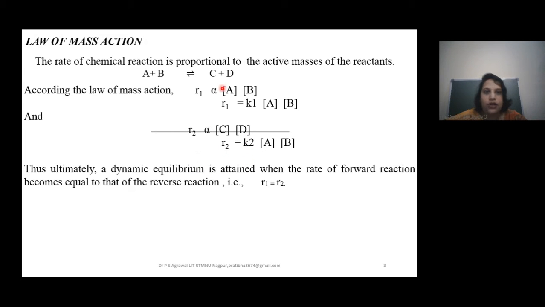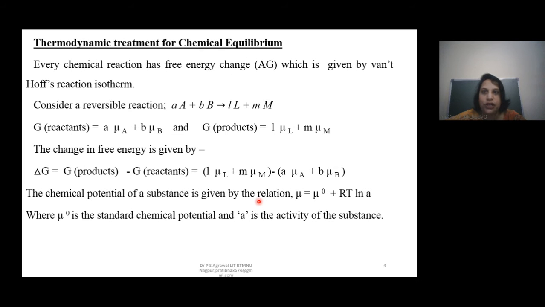Here K1 and K2 are proportionality constants, the rate constants of the forward and backward reactions. When a system is at dynamic equilibrium, the rate of forward reaction becomes equal to the rate of backward reaction. R1 equals R2 and we call it an equilibrium state.